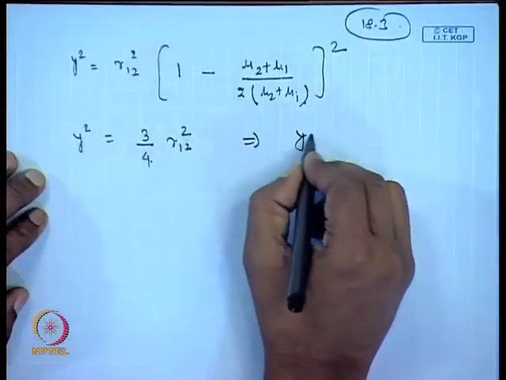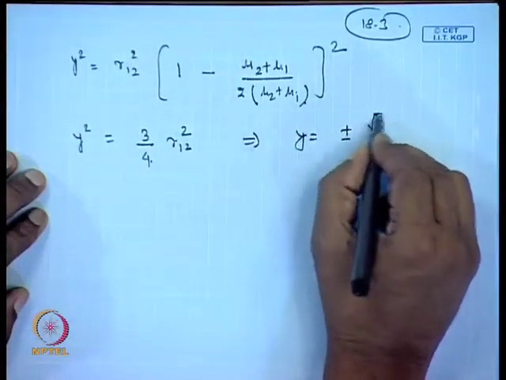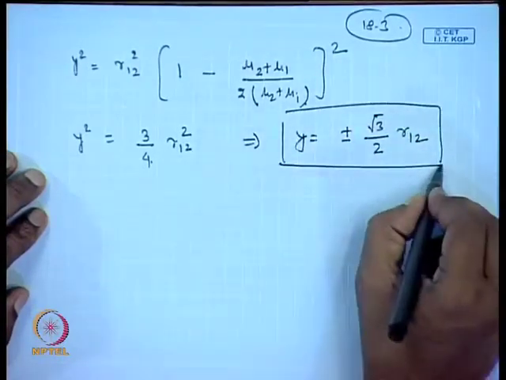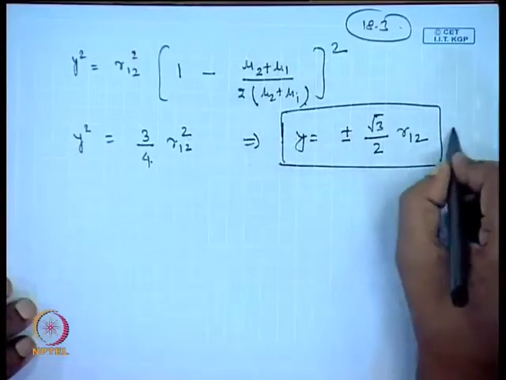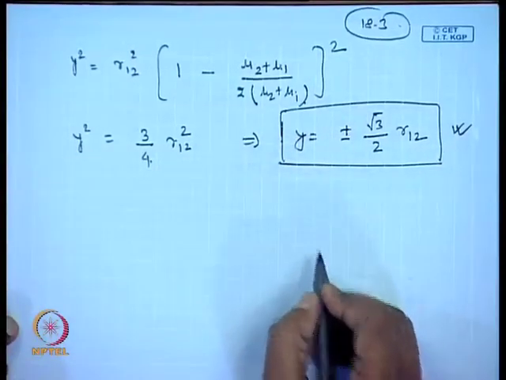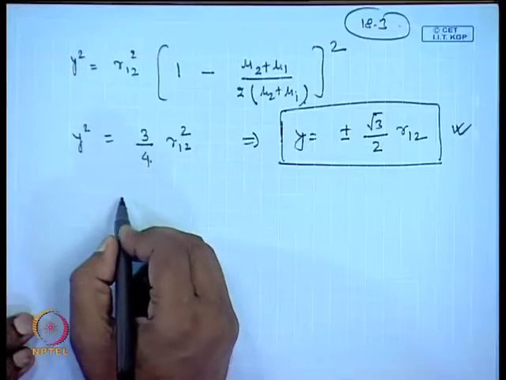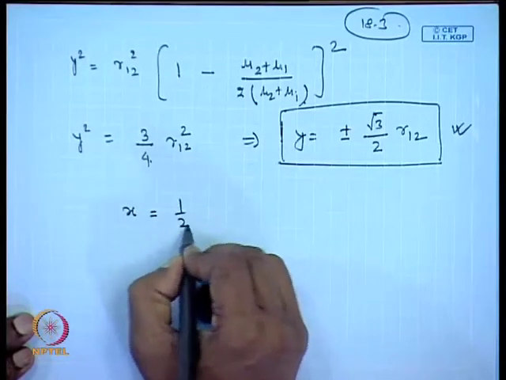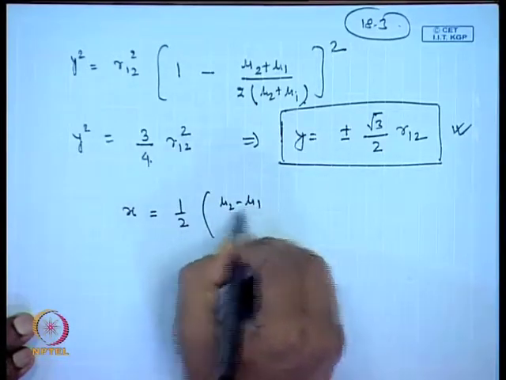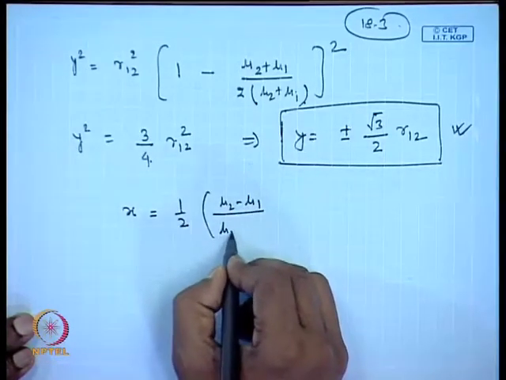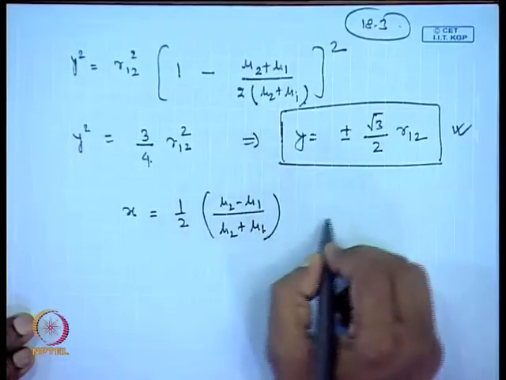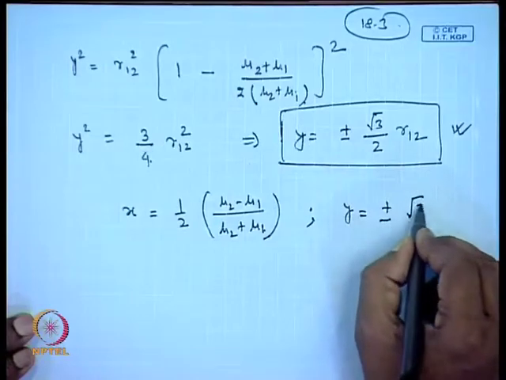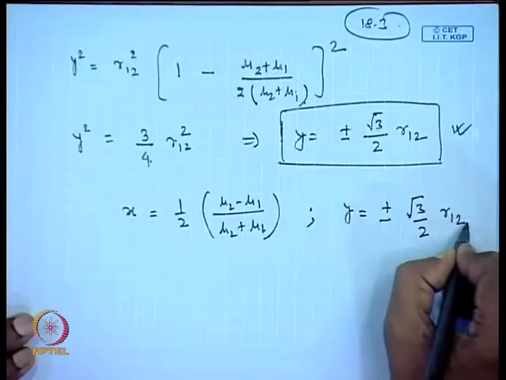This implies y equal to plus minus root 3 by 2 r 1 2. This is what I stated last time, that we are going to find out this value of y. So, ultimately we have got x equal to 1 by 2 times mu 2 minus mu 1 by mu 2 plus mu 1 times r 1 2, and y equal to plus minus root 3 by 2 r 1 2.